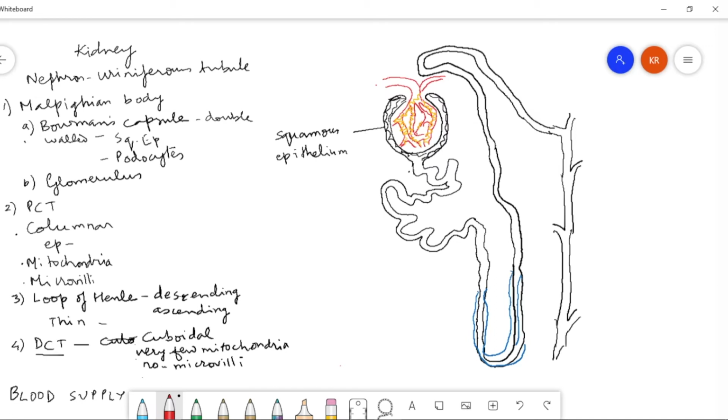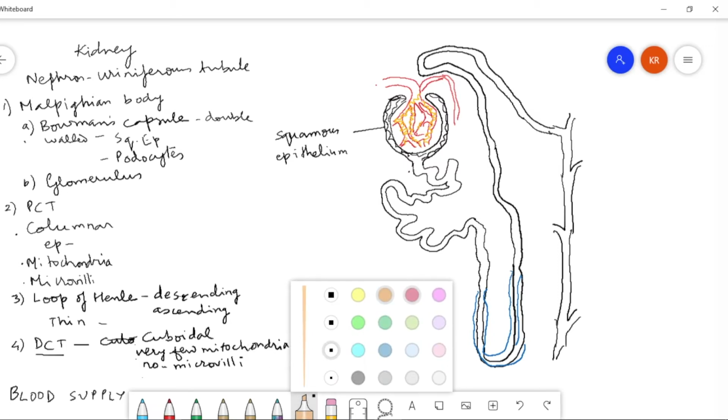So when this renal efferent arteriole emerges out from here, it comes back. Now, it will be a little difficult to show it in this double structure, so I will use a highlighter.